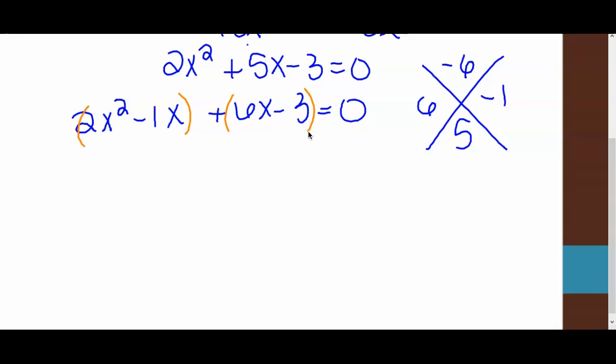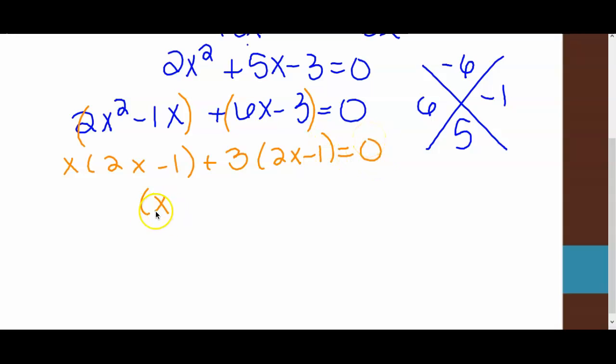So my GCF at the front is an x, leaving 2x minus 1. The next term is a 3, leaving 2x minus 1. So in factored form, I have x plus 3, 2x minus 1, set equal to 0.